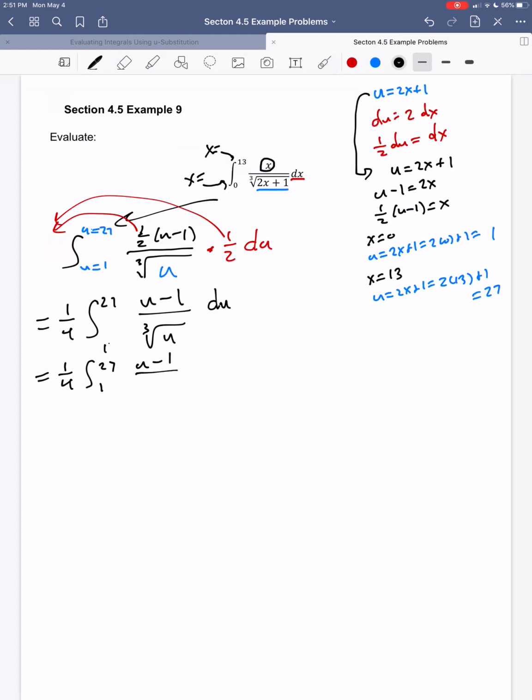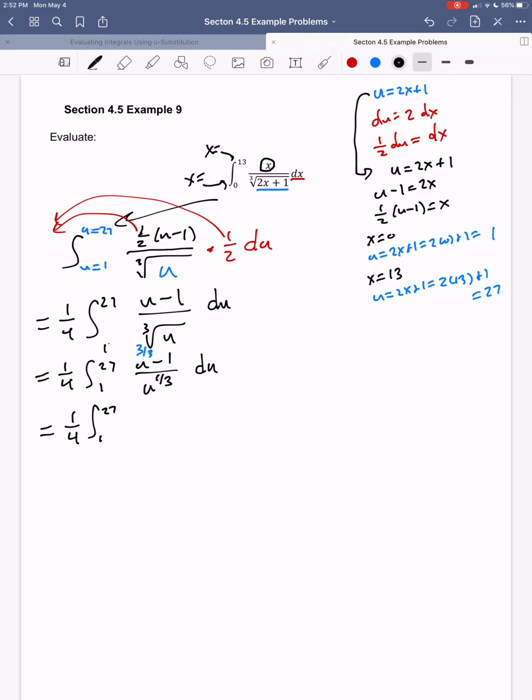So I rewrite the cube root of u as u to the 1/3. So this u is u to the first, which would be u to the 3/3 power, right? So if I rewrite this, I split this into two fractions with a common denominator.